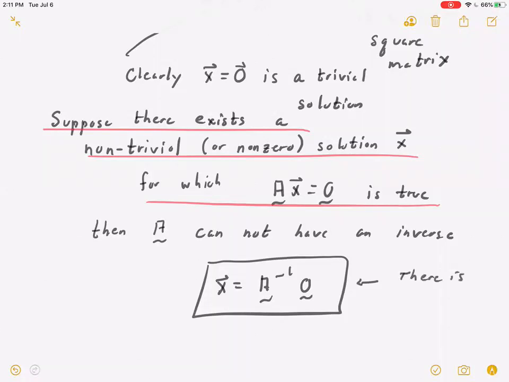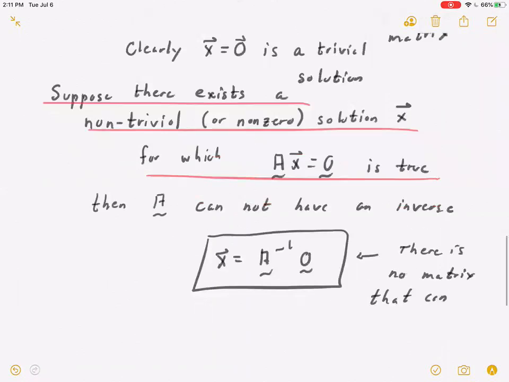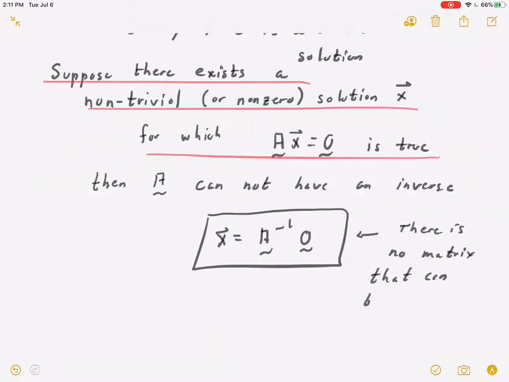There is no matrix that can bring the 0 vector back to a non-zero vector. There's no matrix you can come up with that'll do that.